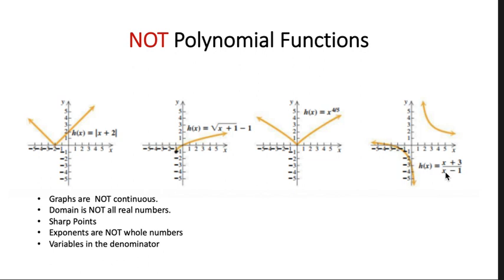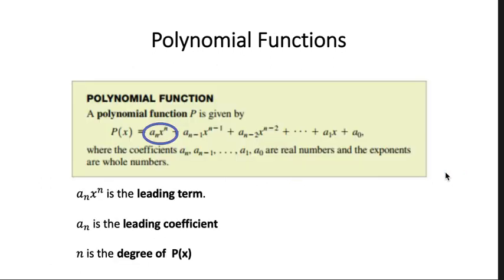Okay, now going back to that definition of a polynomial function. What we want to focus on here is this term right here. That's the first term, because this is written in descending order, meaning that the highest exponent is first.